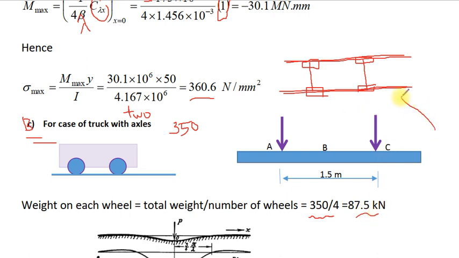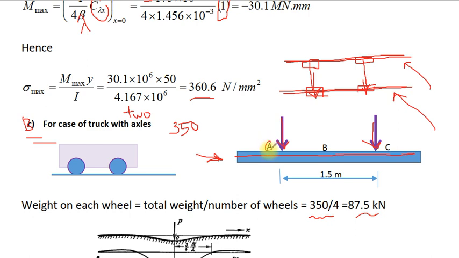If we take, for example, this rail, all the rails are similar, and we plot the rail here, and the force comes from the wheel here, the second force from the second wheel on the rail here.